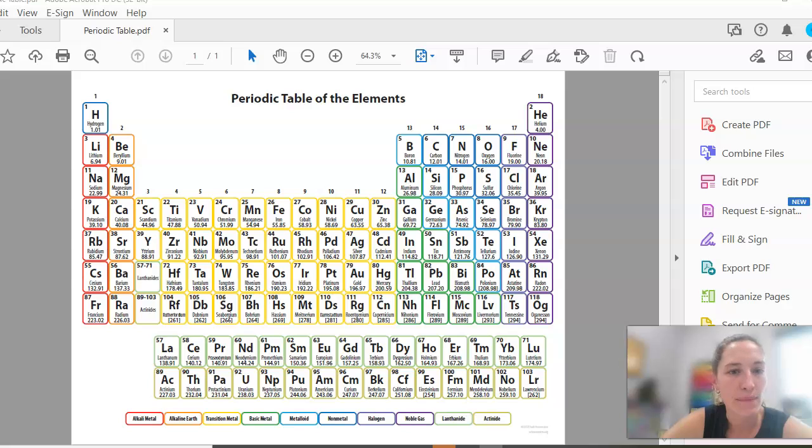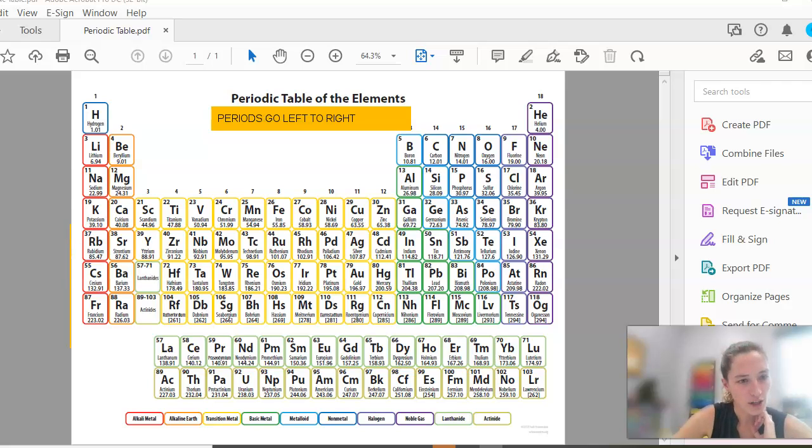But before you do your independent work, you're going to want to go ahead and label the top as your periods. Go left to right. And then over here, you're going to want to label your columns on the side.